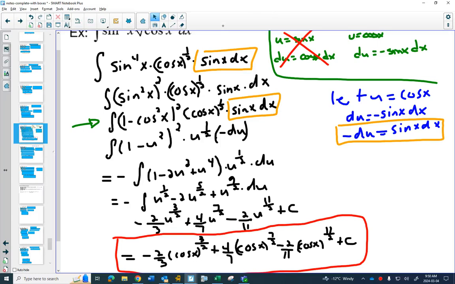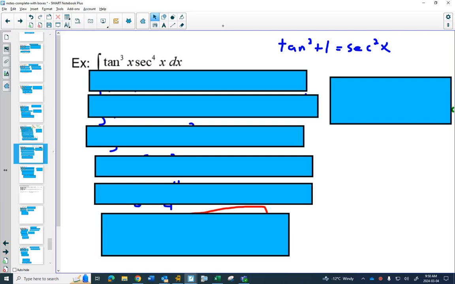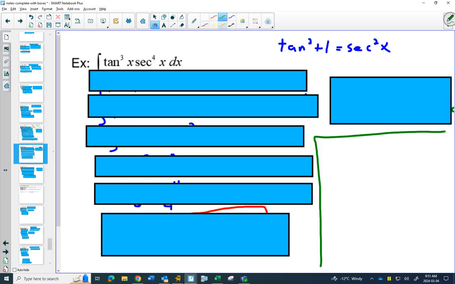So let's start strategizing for the next one. And there's sort of two main things that you could do.